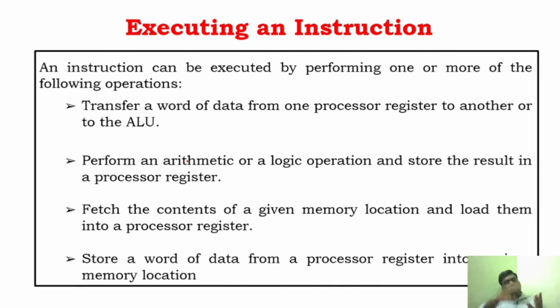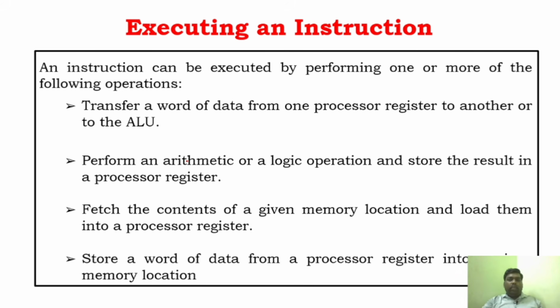You have to transfer the data. Then you have to do an ALU, that is arithmetic logical operation. And once the operation is completed, the result has to be stored in some register. So these operations have to be done in all the instructions.